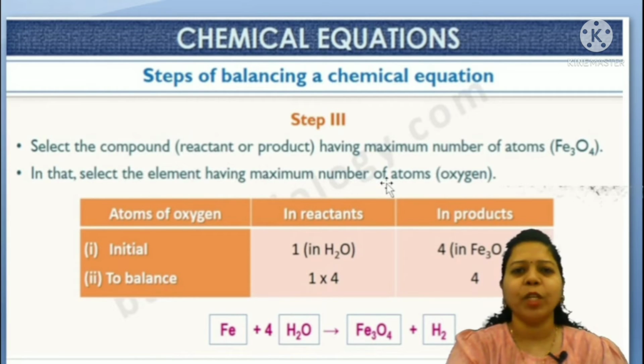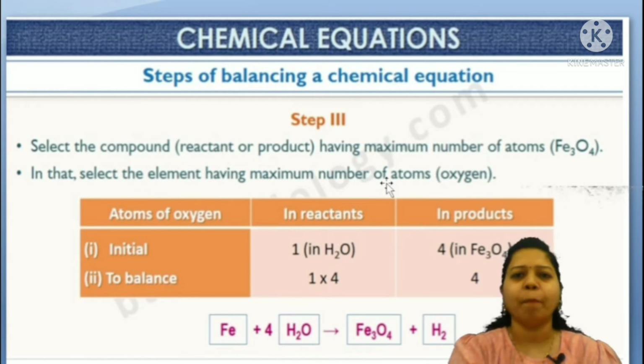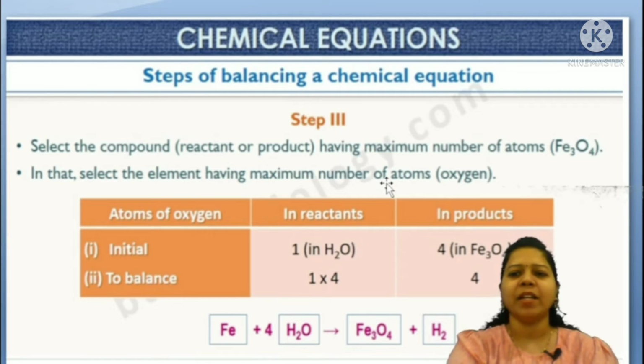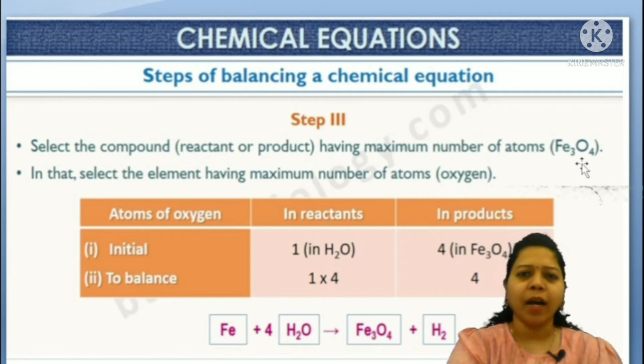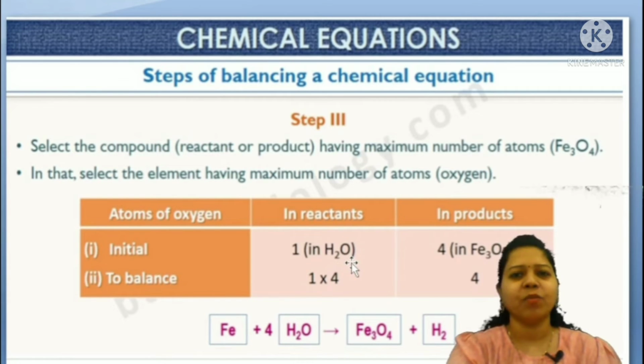Now see, first we need to select the compound in which maximum number of atoms are there. After that, we need to find out maximum number of atoms in that compound. For example, now in that chemical reaction Fe3O4 is a big compound, and in that number of atoms are more that of oxygen, and that's why first we are taking oxygen here.